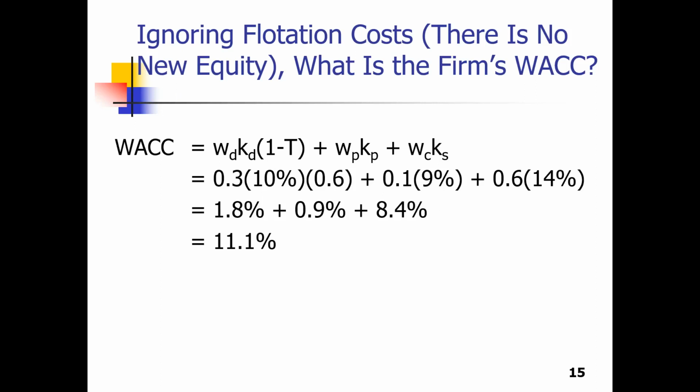I have to get the real-world tax rate for the company for last year. Plus 0.1 times 9% cost of preferred, which we calculated, plus 0.6 times 14% cost of common stock. And that gives me 11.1% WACC, or weighted average cost of capital.